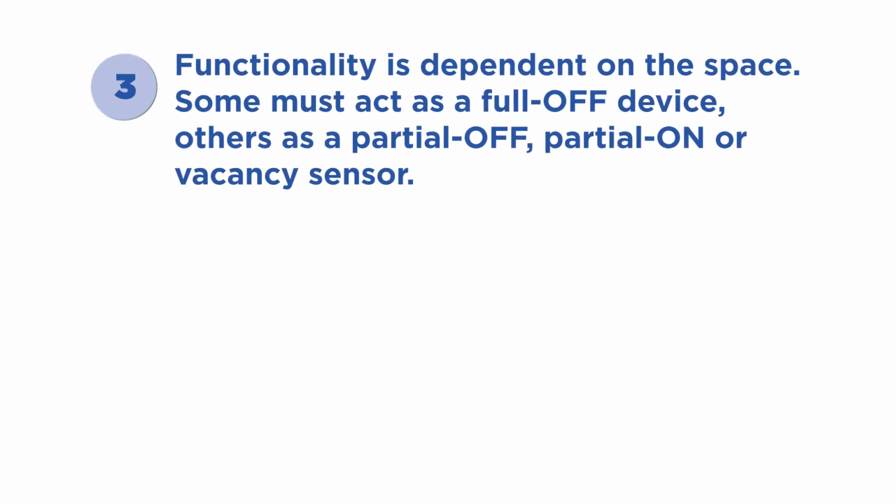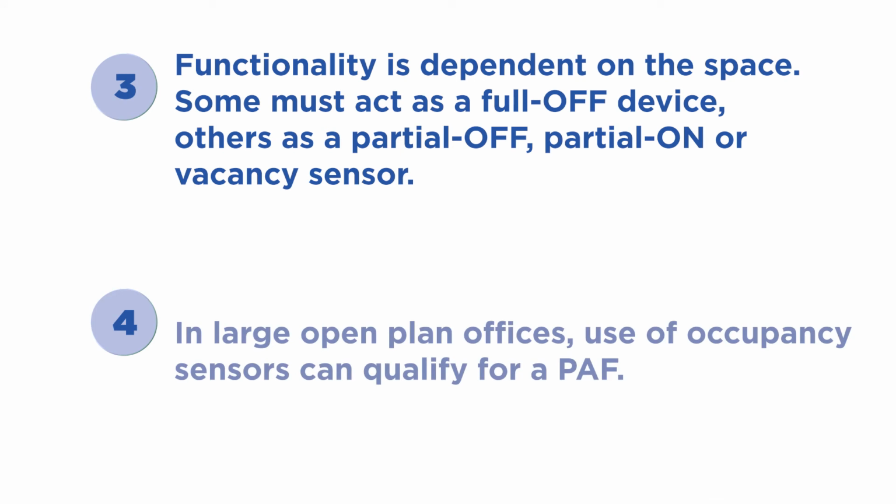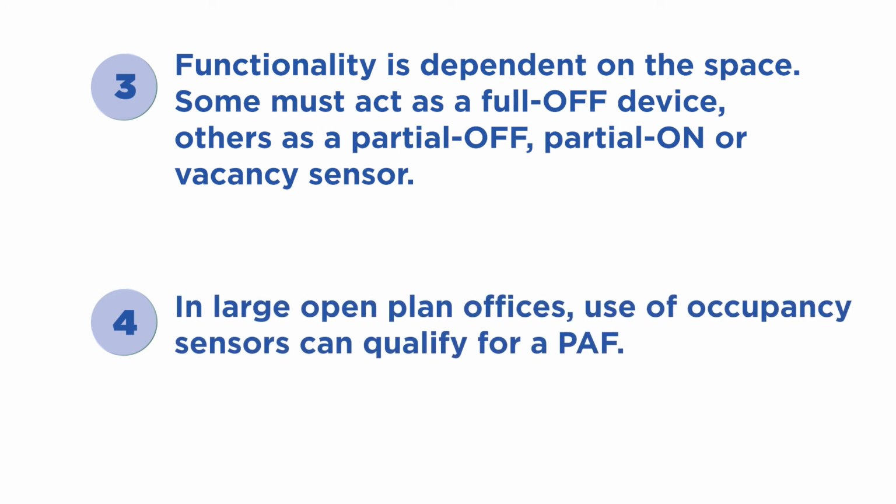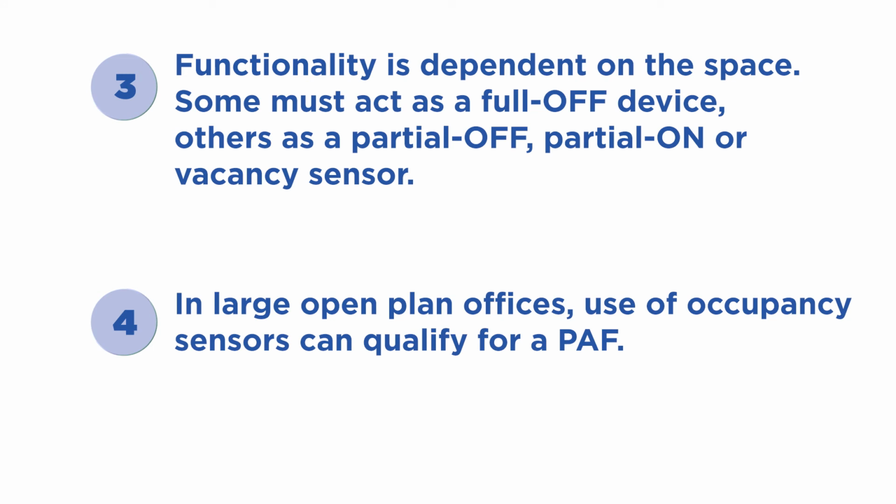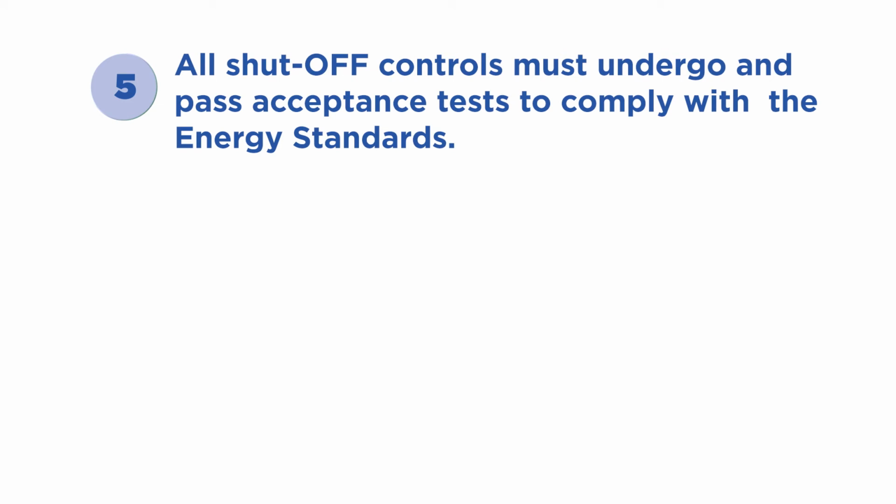Their functionality is dependent on the space where they are installed. Some must act as a full off device, others as a partial off, partial on, or vacancy sensor. Under the prescriptive compliance approach, in large open plan offices, use of occupancy sensors can qualify for a PAF. All shutoff controls must undergo and pass acceptance test to comply with the energy standards.